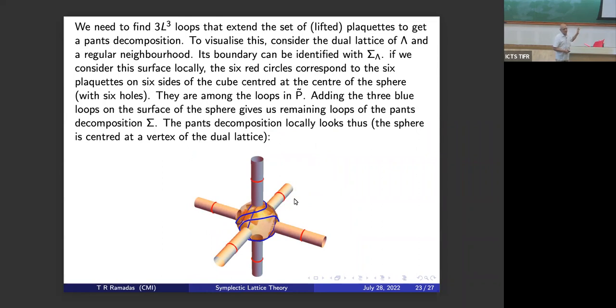The philosophy is that you take a finite graph, embed it in some 3-manifold, and take a regular neighborhood that gives you a 3-manifold with boundary, which is a surface. Find closed loops on the boundary that under the retraction go to the plaquettes that you are interested in. Eventually they will define some action.